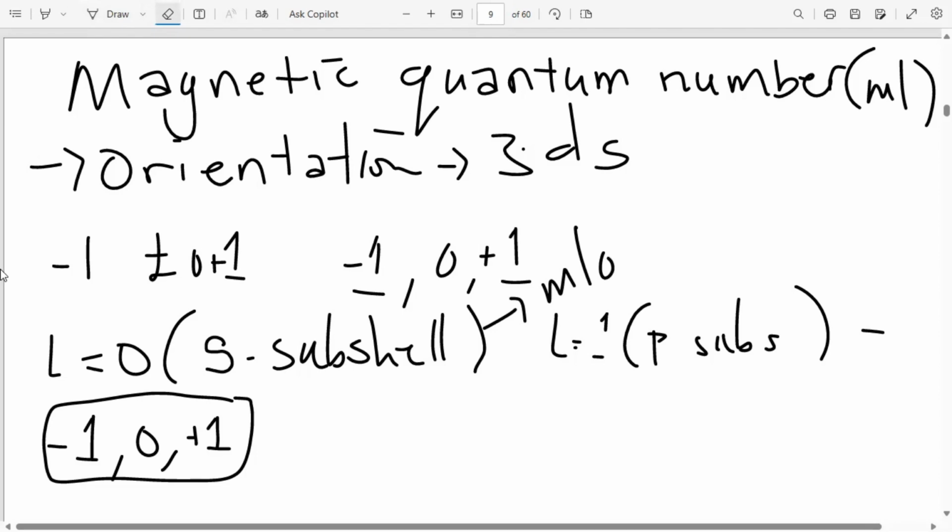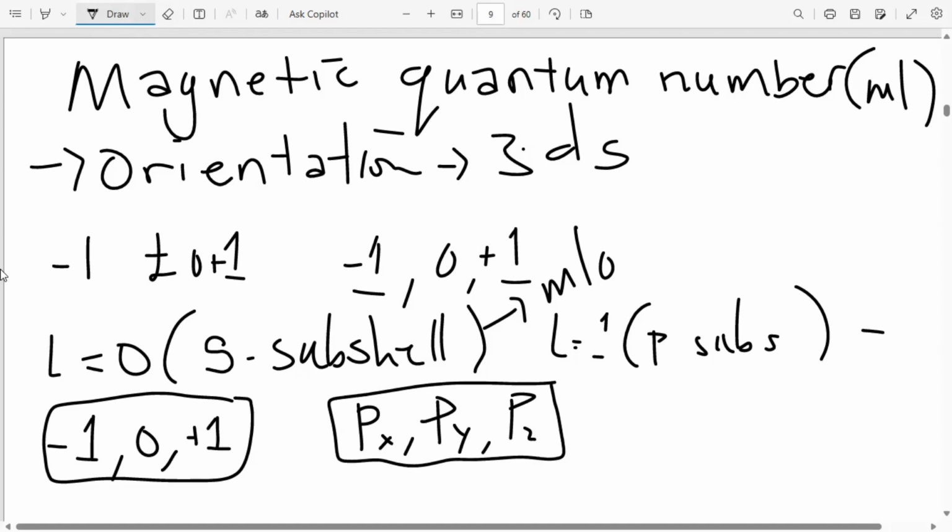These 3 orbitals can be written as Px, Py, and Pz. The 3 p orbitals are described by ML equal to -1, 0, or +1. Okay, so that is about the magnetic quantum number.